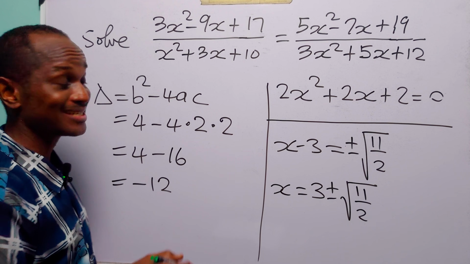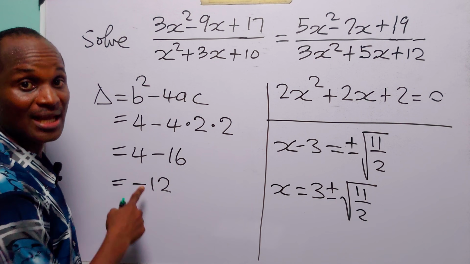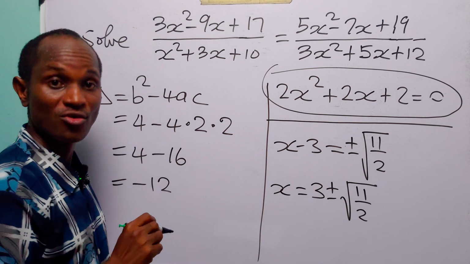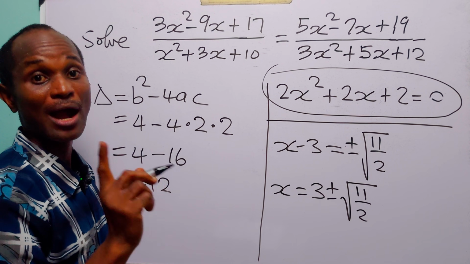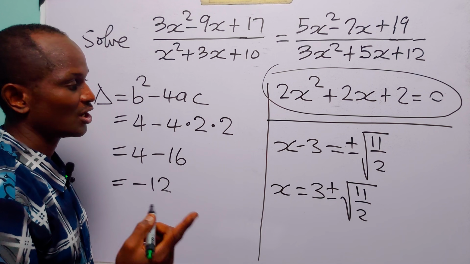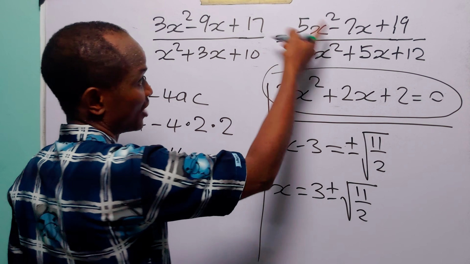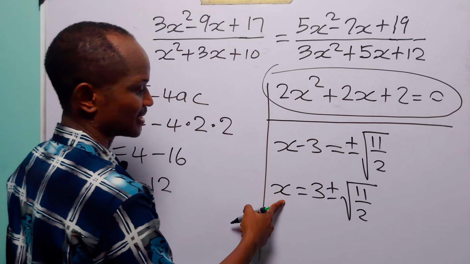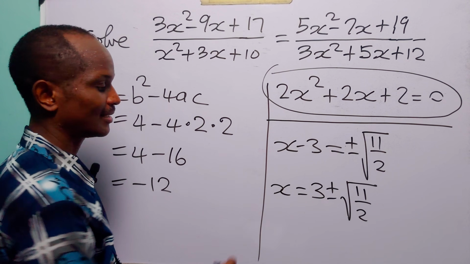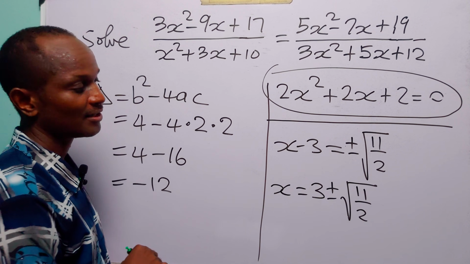And of course, you know that when the discriminant of a quadratic equation is negative, it simply means that that quadratic equation has no real roots. And remember, we are only looking for the real roots of this rational equation. So the only two real values of x that satisfy this rational equation are x equal to 3 plus root 11 over 2 and x equal to 3 minus root 11 over 2.